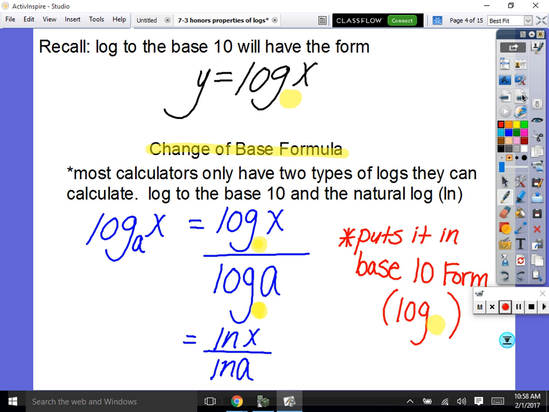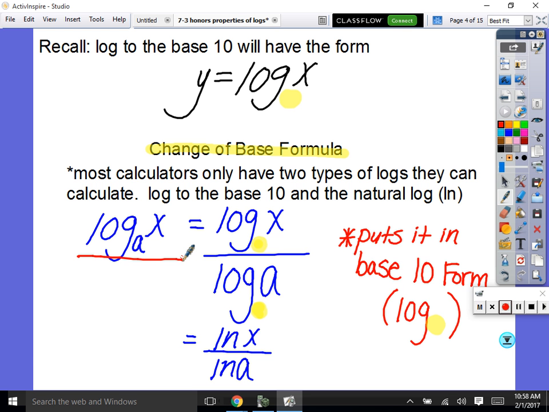We want to do that using our calculator, but once again, our calculator only uses base 10. So you can rewrite log to the base a of x as base 10 like this: log of x, which is really log to the base 10 of x, divided by log to the base 10 of a. You can take this and rewrite it in this form, and they're equivalent.